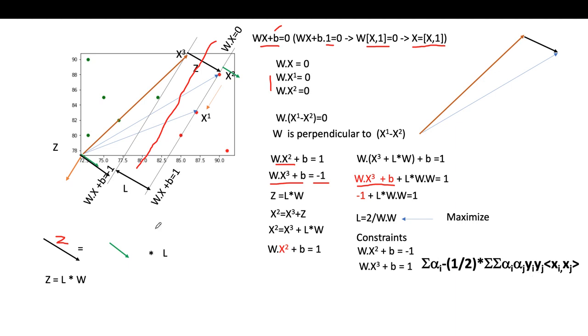So we get the best classifier with similar points in the opposite planes, the opposite classes, right? Which are the support vectors, that is, the similar points, the closest points but in the opposite classes.